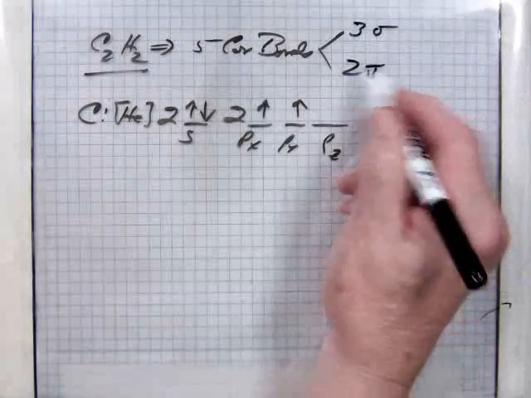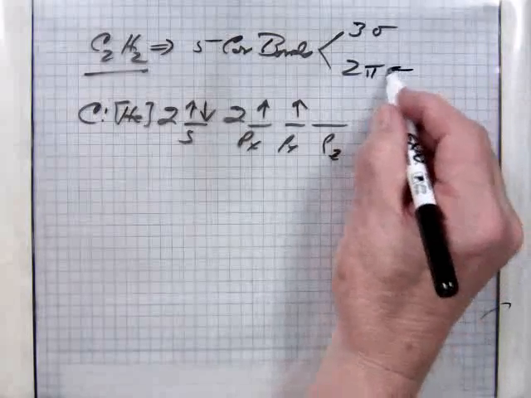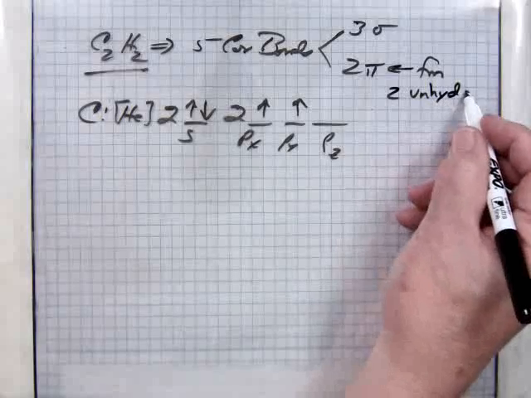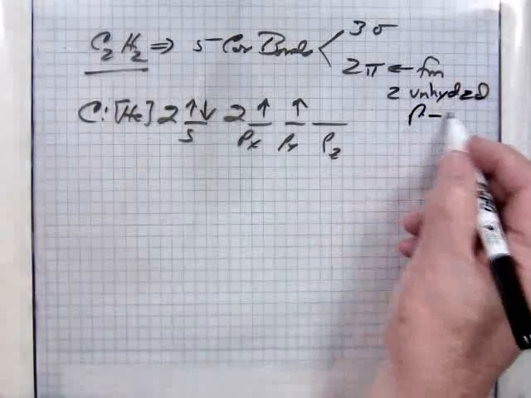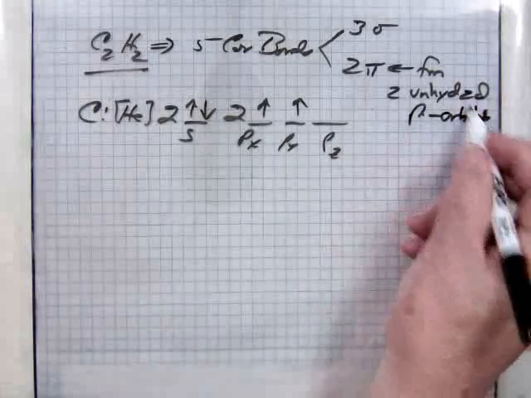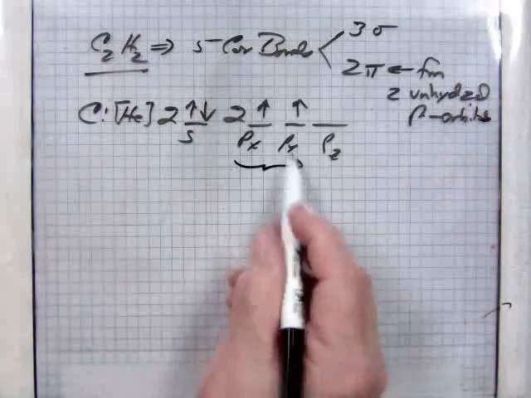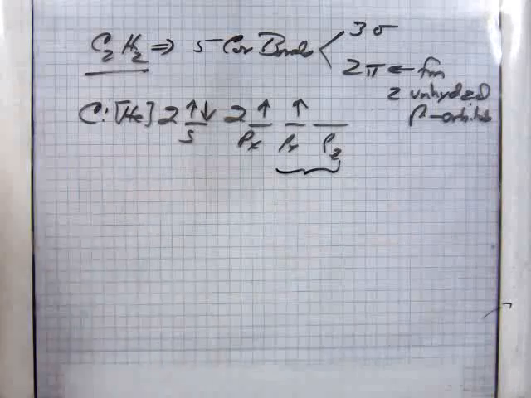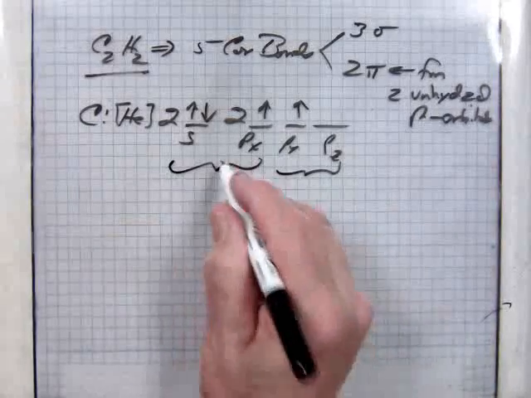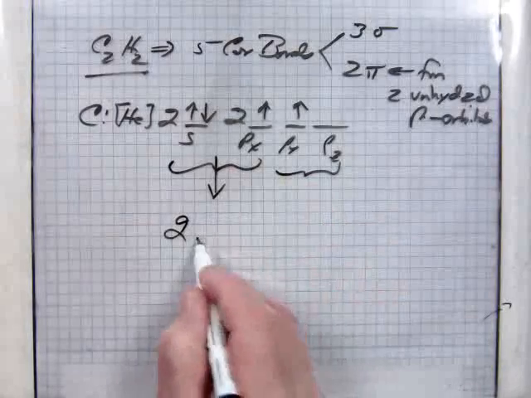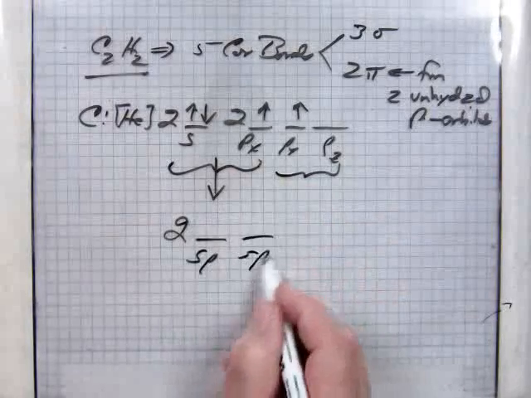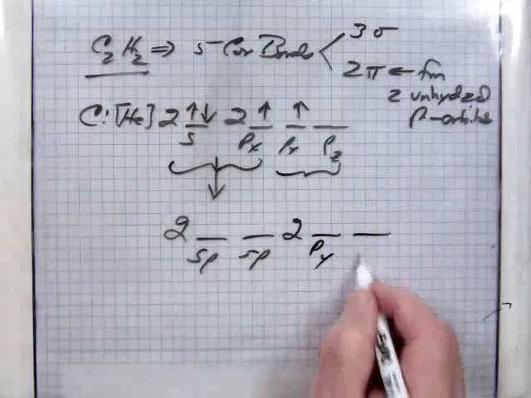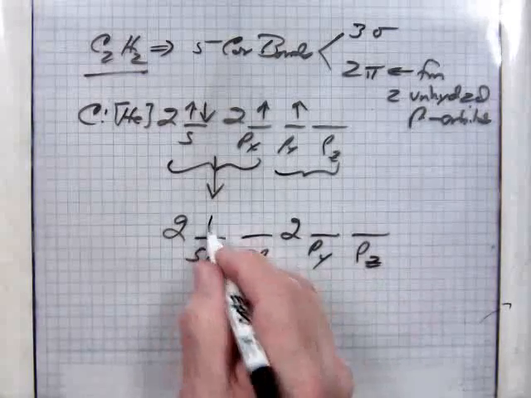Well, these 2 pi bonds are a result from 2 unhybridized p orbitals. So 2 of these orbitals will not be hybridized, and 2 will hybridize, and in the second energy level you'll have an sp, sp, and then also the py and pz, like this.